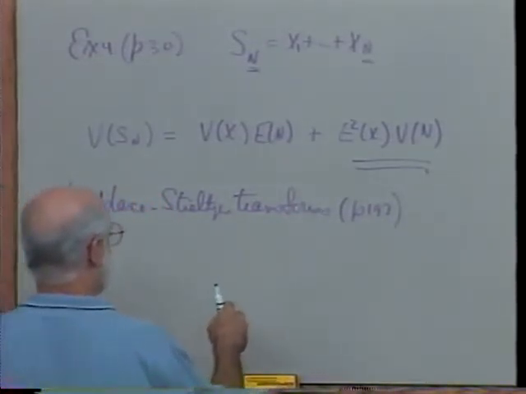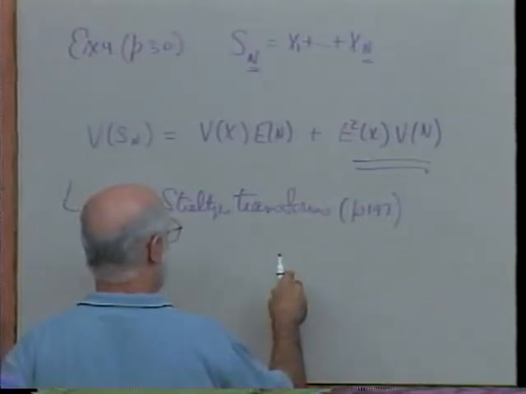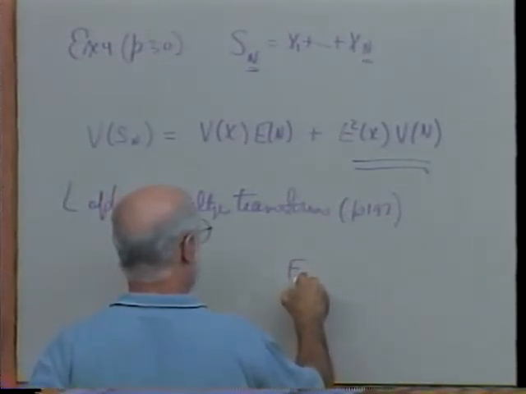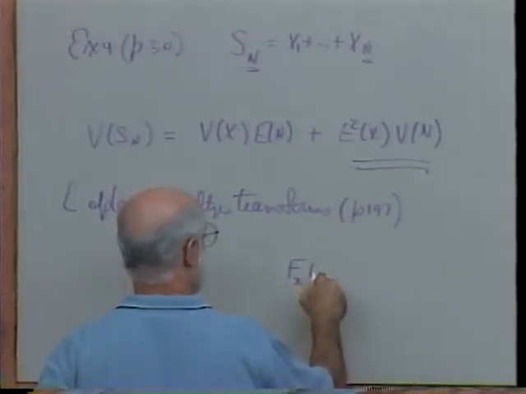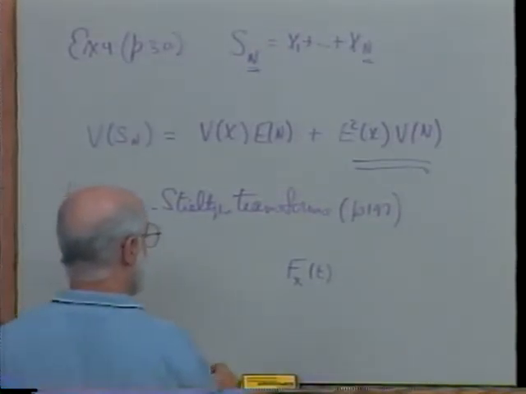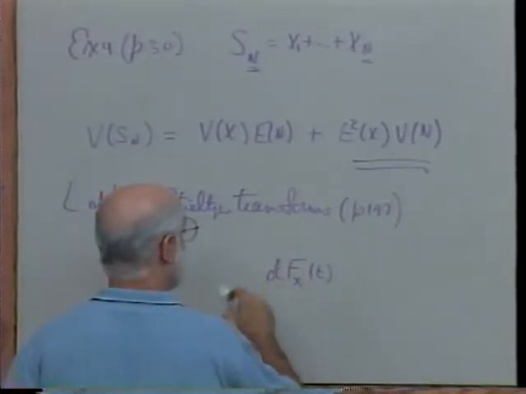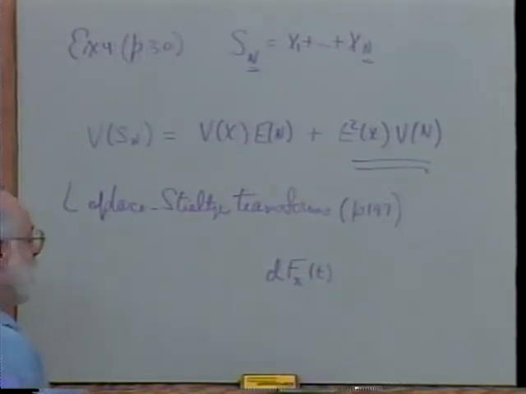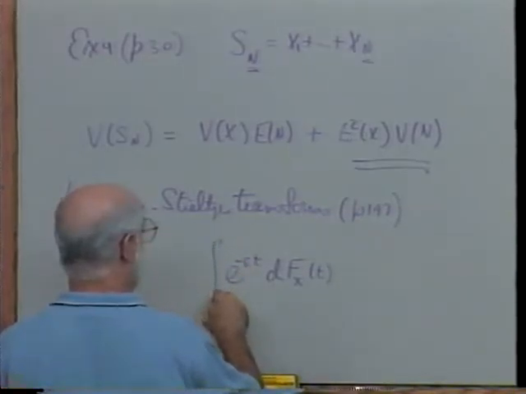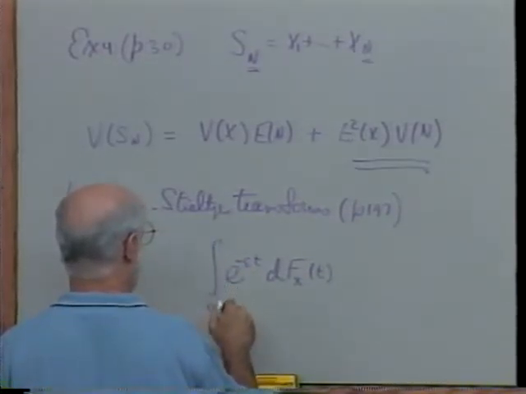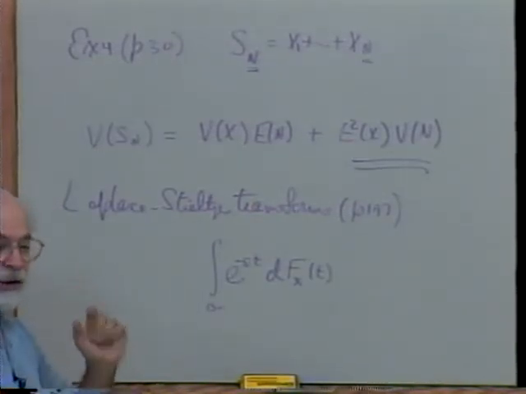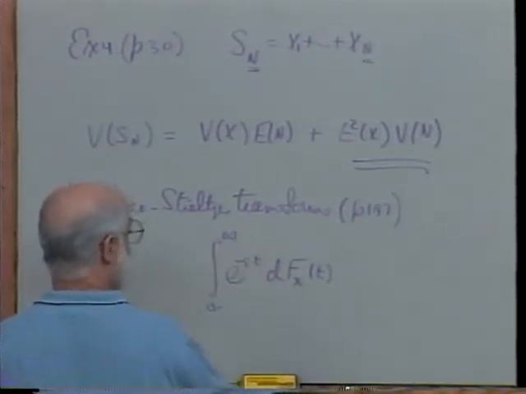Okay, so here's the definition. Suppose I have a random variable x, and it has a distribution function capital F. So the way I compute the Laplace transform is I take the differential of that, I multiply that by e to the minus st, and I integrate as t runs from 0, I'll write it as 0 minus because I want to make sure that I include the origin in the integration, to infinity.